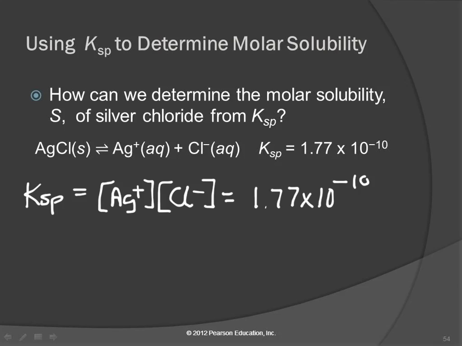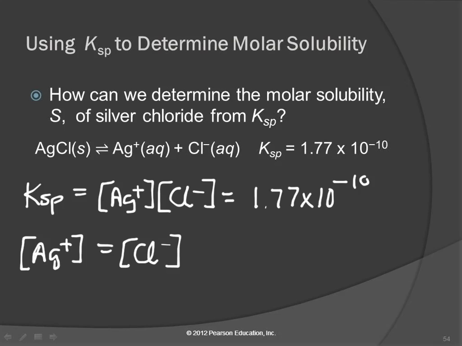If all of the silver ion came from silver chloride and all of the chloride ion came from silver chloride, what can we infer about the relationship between the concentration of silver ion and chloride ion? They must be equal, right? Because they came in paired up and we're separating them, but we're going to have equal numbers. So we can say that the concentration of the silver ion is equal to the concentration of the chloride ion because they came in together.